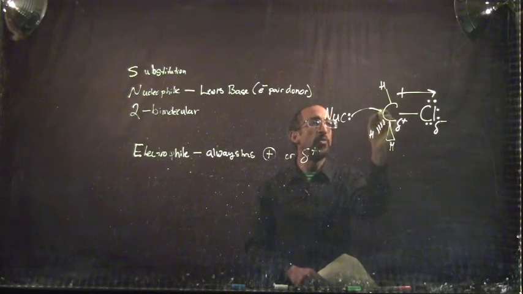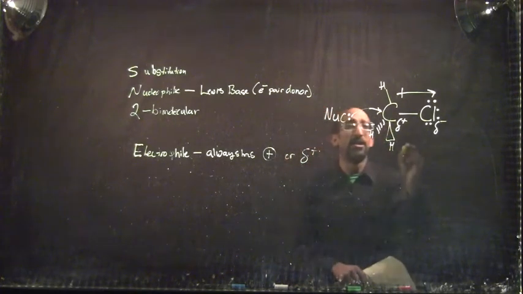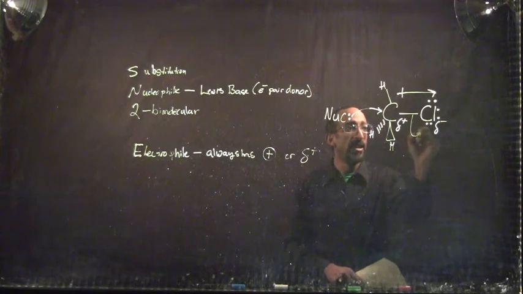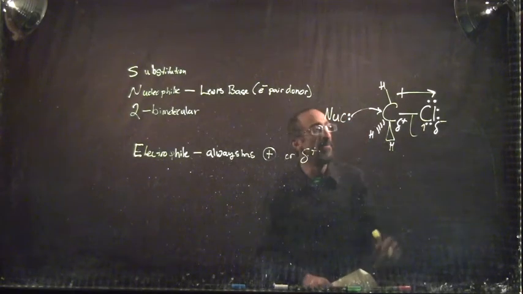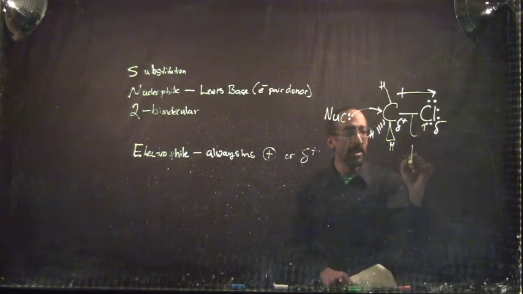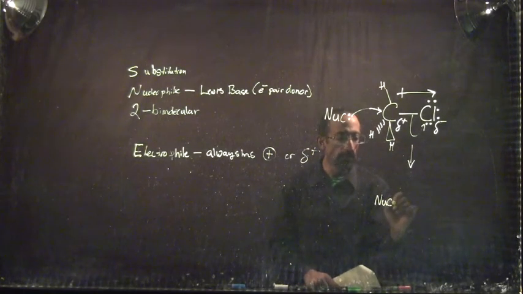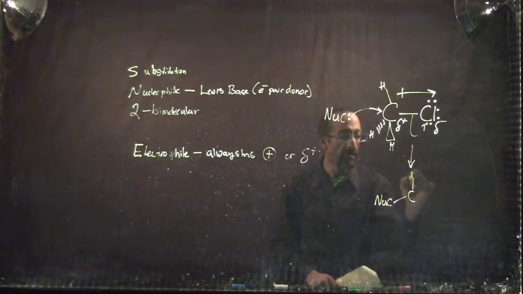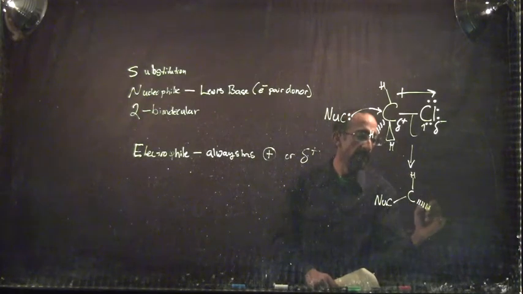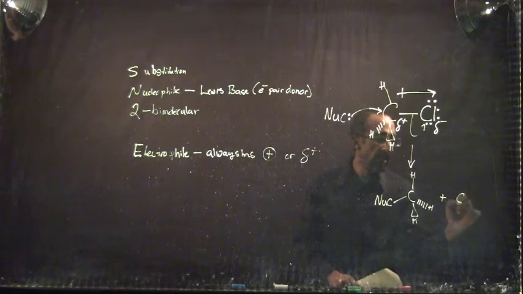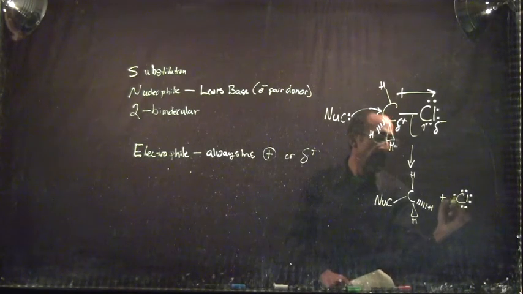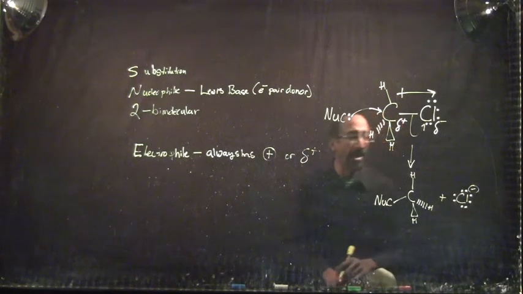That nucleophile will react with our electrophilic carbon and displace this halogen, which we call a leaving group, to give a new molecule, and that chloride ion goes off by itself and now has a negative charge.